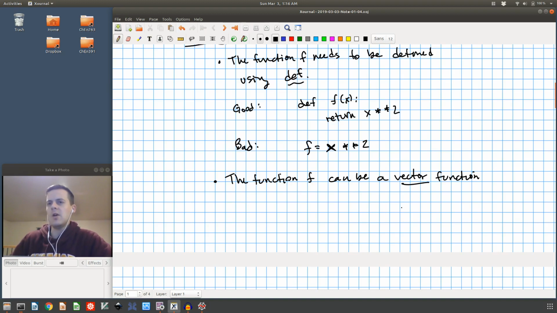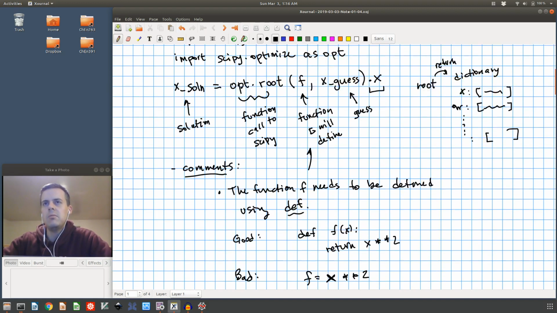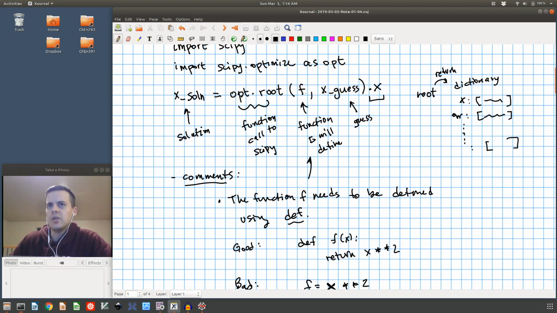And that's how I can do multiple equations and unknowns. It's very similar to what we did with Picard's method and Newton's method, except you don't have to calculate a Jacobian, and you just have to define your function, and you put it in here. So we'll call this root instead of calling that while loop with all the residual mess. We'll just call root, but we still need to define the function.